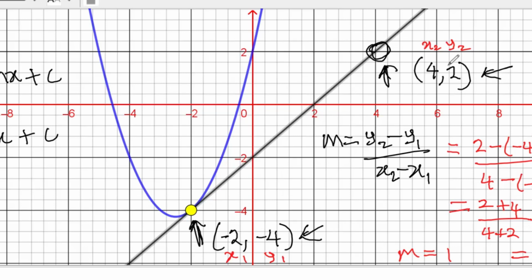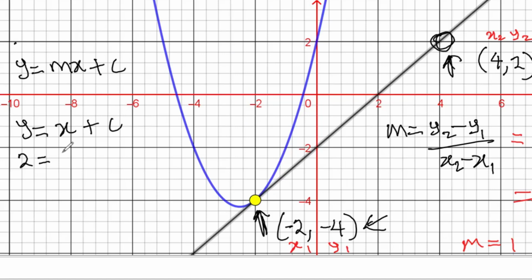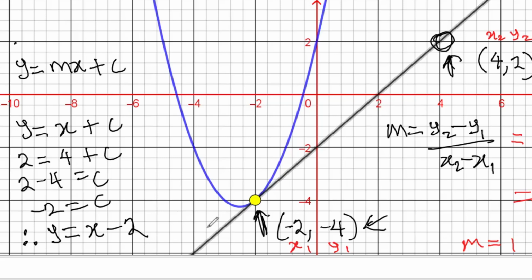We can use the one where s is 4, y is 2. You put 2 for y and 4 for s to find c. You have 2 minus 4 equals c, so -2 equals c. Therefore, the equation of the tangent becomes y equals s minus 2, like before.